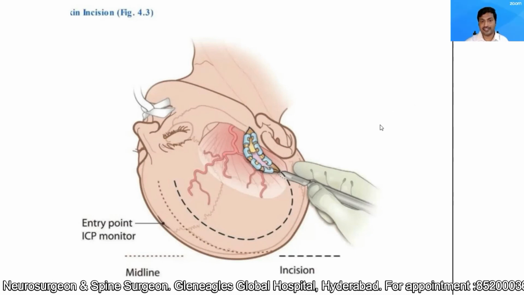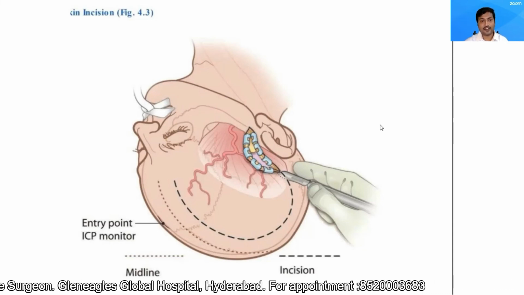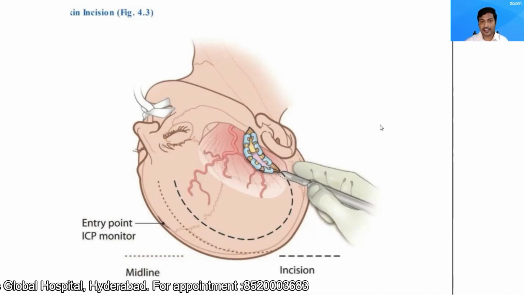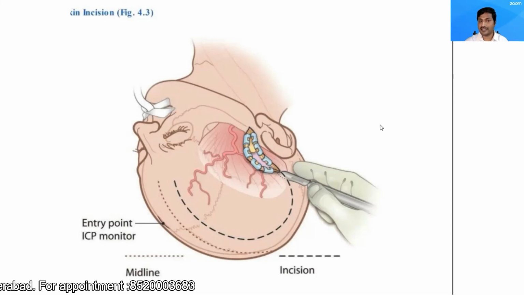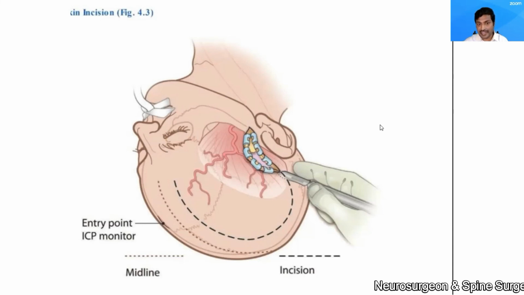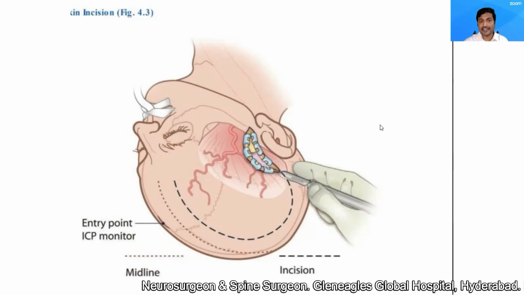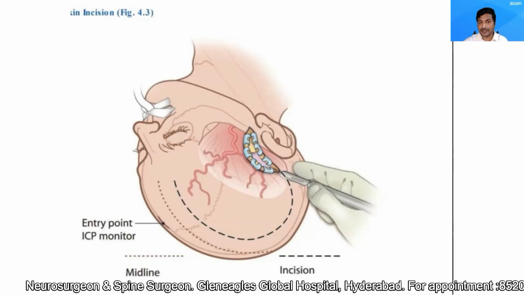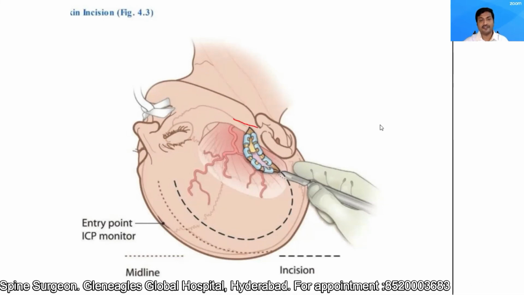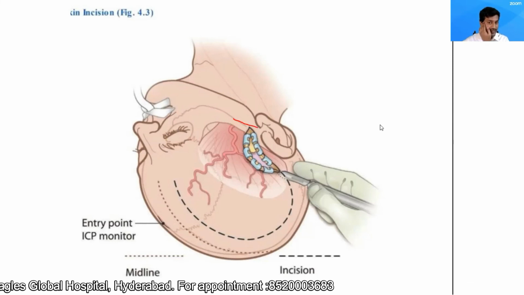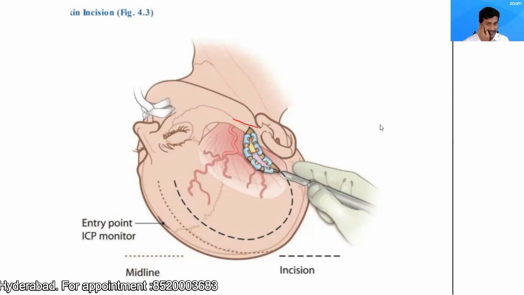Coming to the skin incision, we take a Falconer incision. The Falconer incision is a question-mark-shaped incision. The starting part of the incision, the beginning point, is just 1 centimeter in front of the tragus, just above the zygomatic arch. So this is our zygomatic arch, which you can palpate on the patient's head. This is the tragus.